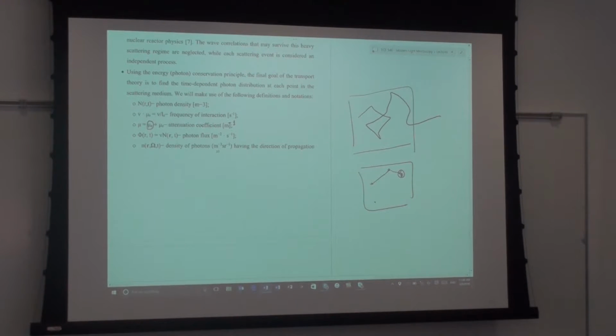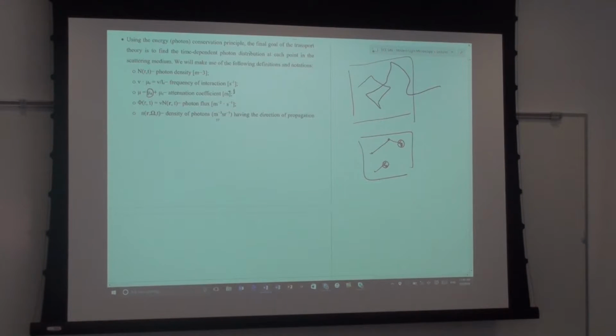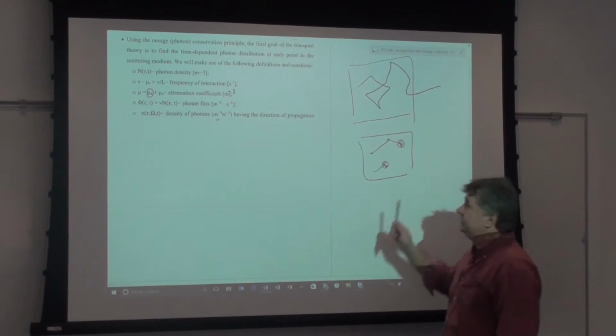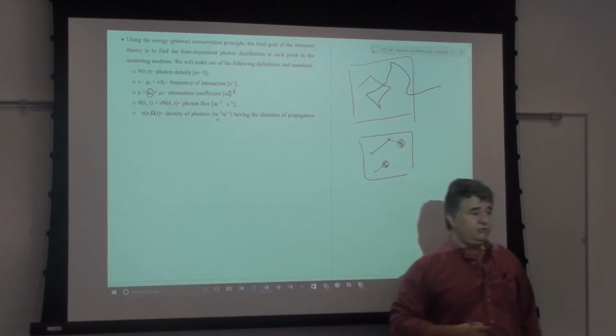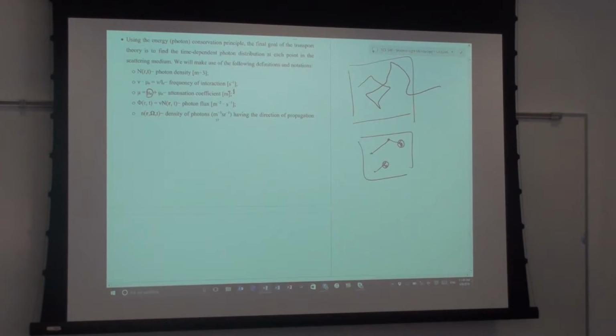And maybe this one here disappears before it gets to scatter. So if this happens, our theory actually kind of falls apart.